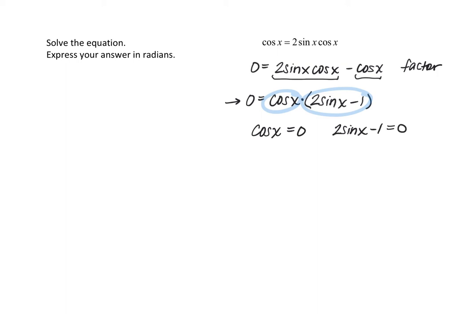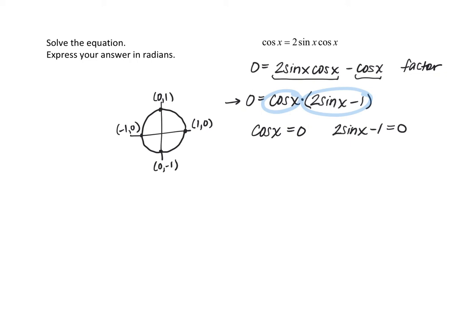So for cosine x equals 0, we need to think back to our unit circle, which is a circle with a radius of 1. So we know that this coordinate here would be 1, 0. This coordinate would be 0, 1. Over here would be -1, 0, and down here would be 0, -1.